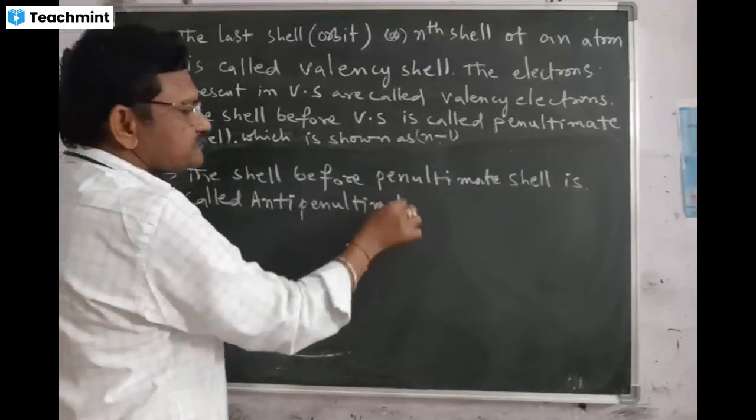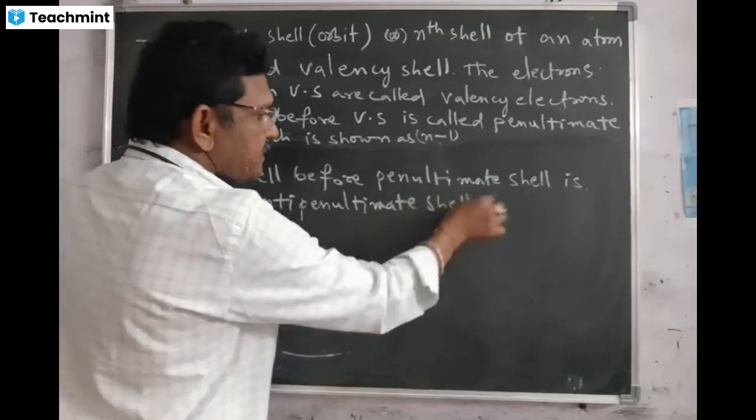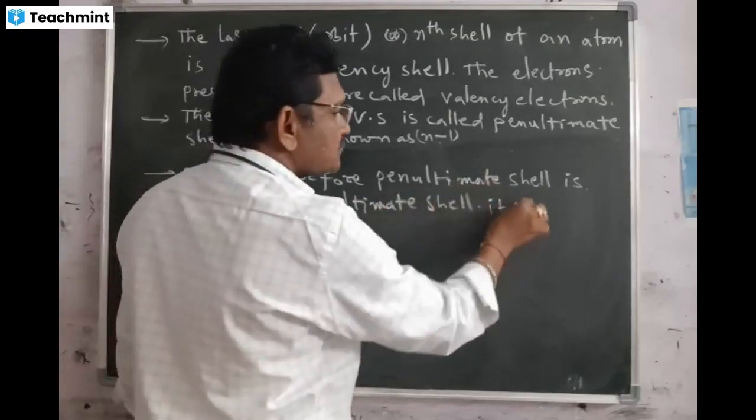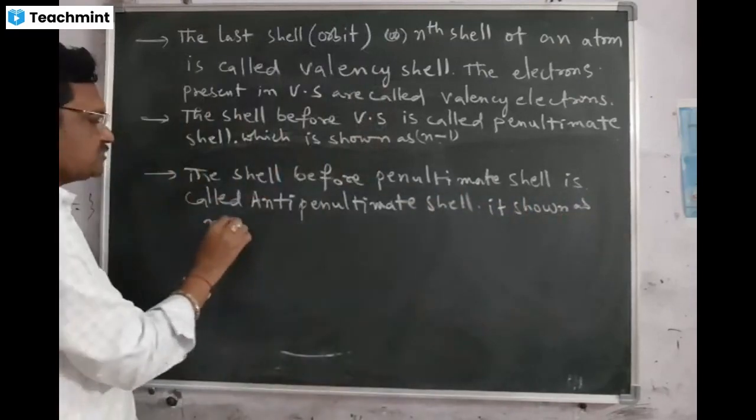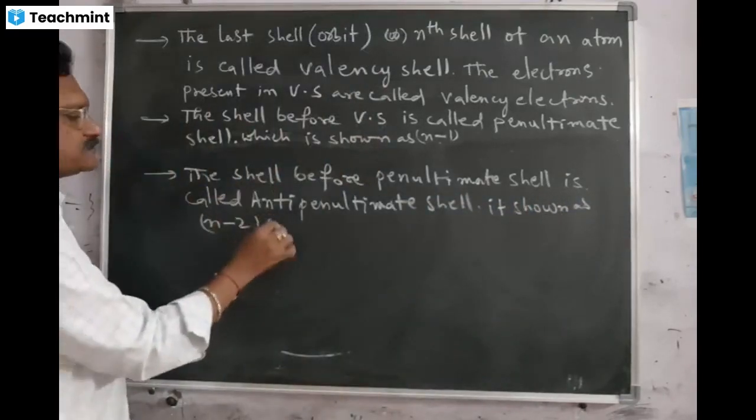It is shown as n minus 2. It is shown as the n minus 2 cell.